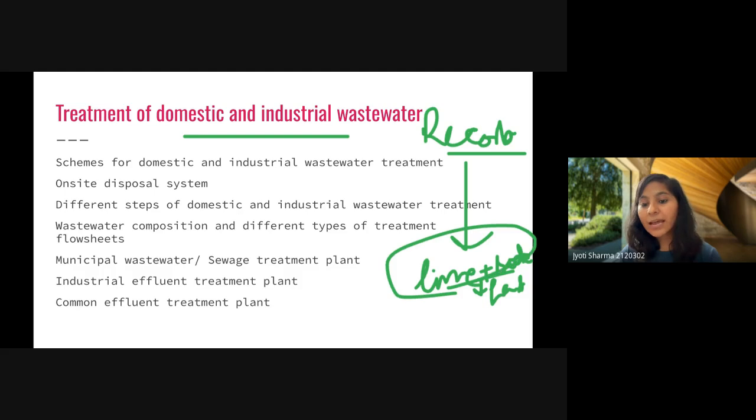Because of this lime and soda, the pH will be increased, basicity will be increased. So to neutralize again, we have to add carbon dioxide. This carbon dioxide will reduce the pH a little bit, so that it can neutralize the water pH. So that's why we are using recarbonation. But I don't know why there is no question.